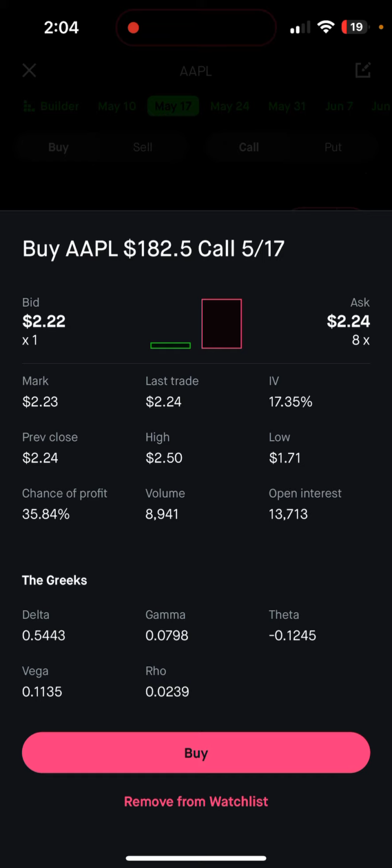I typically like to look for contracts that have high volume, so I know they're able to get filled faster, because you don't want to be in a contract that takes long to get filled and then you're stuck selling at a lower price than your profit, if that makes sense. I can make a more explained video later on, but this is the basis of how to buy an option and what to look for.